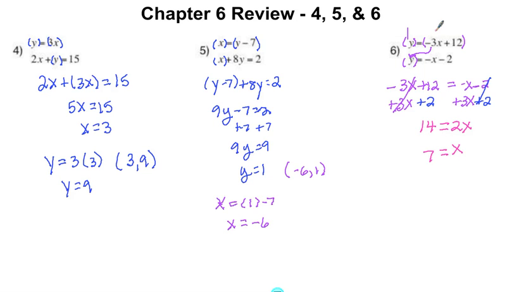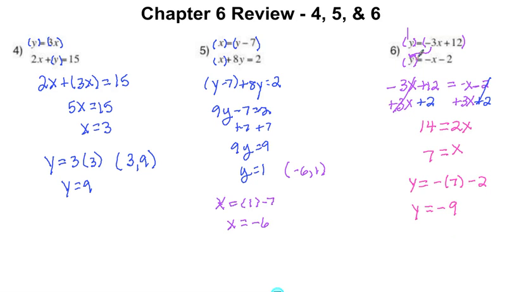We always have to plug that back in. It doesn't matter which one I plug it into. I'm going to pick the second one this time because it's just got smaller numbers. But again, it doesn't matter which one. If you always like to pick the first one, always pick the first one. So y equals negative, and I'm going to put 7 minus 2, excuse me. So I get y equals negative 9.